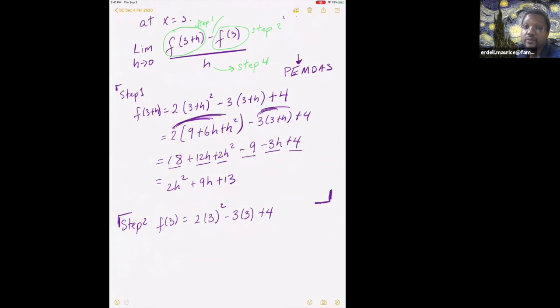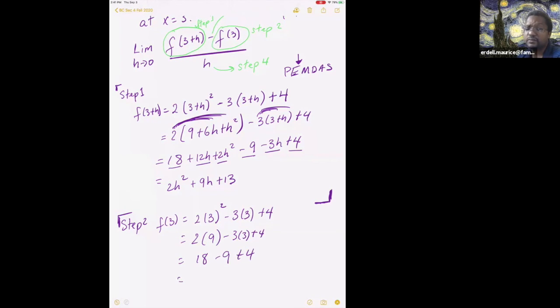And again, I've got to follow PEMDAS. I've got to square. So 3 squared is not 6. 3 squared is 9. I'm multiplying. 2 times 9 is 18. 3 times 3 is 9 plus 4. And then I can add these together.